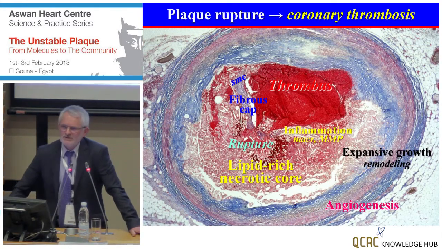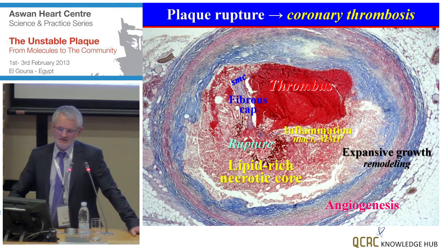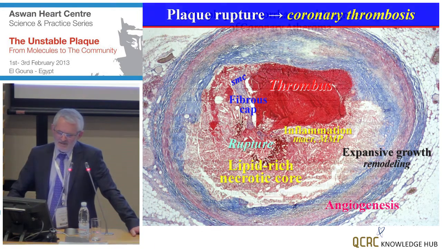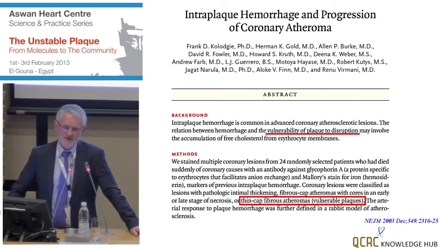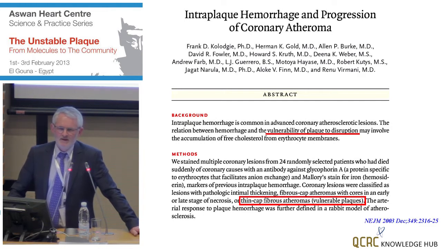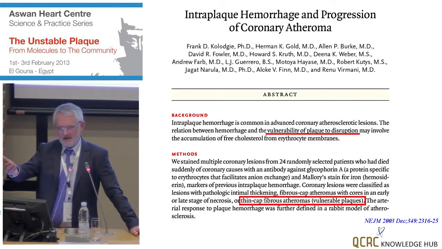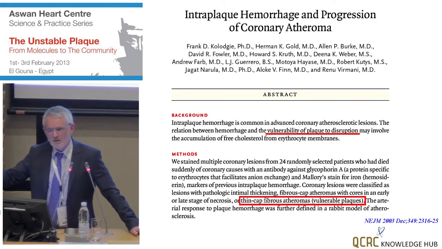Ruptured plaques are also associated with angiogenesis. And here we have to discuss also the origin of intraplaque hemorrhage. Intraplaque hemorrhage is a frequently observed change in a coronary lesion. And it is generally believed that hemorrhage into the plaque requires a necrotic core.